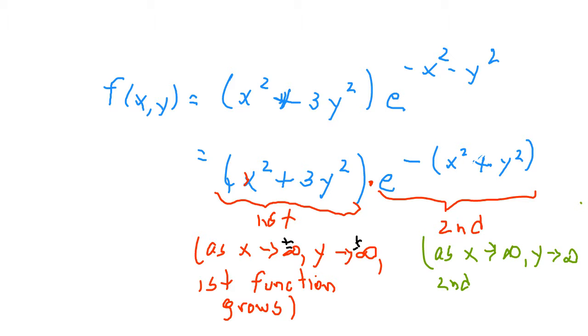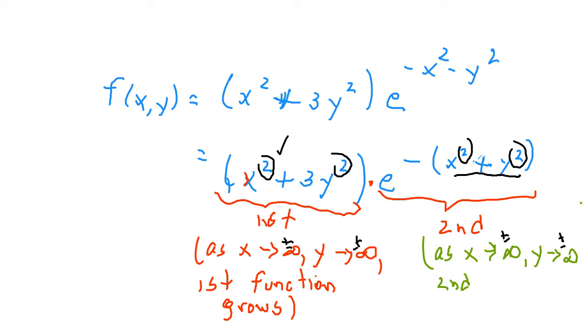So as x gets large, and y gets large, whether it's positive or negative, because you have the squared terms there, that first part of the function is going to be growing. Now the second part of the function is an exponential function, e to the negative x squared plus y squared. So we know x squared plus y squared grows as x and y move away from the origin.